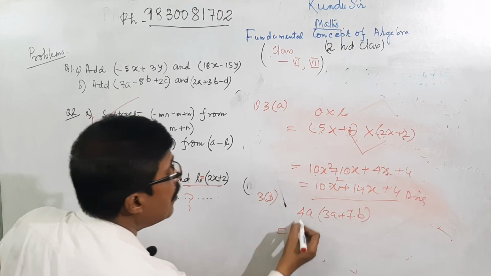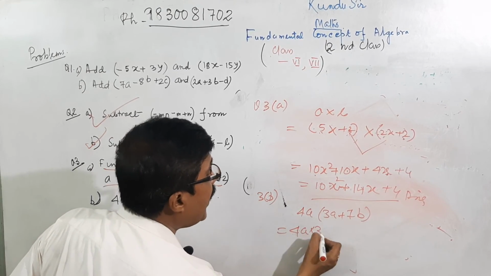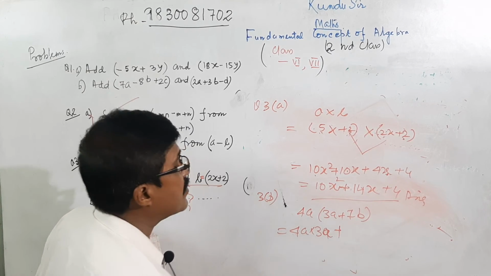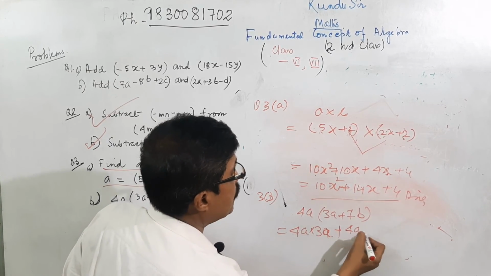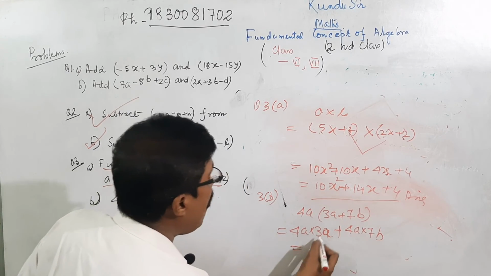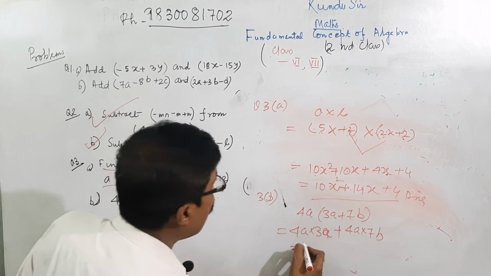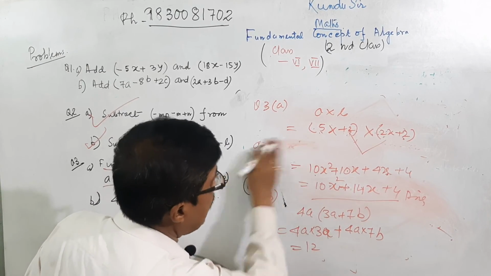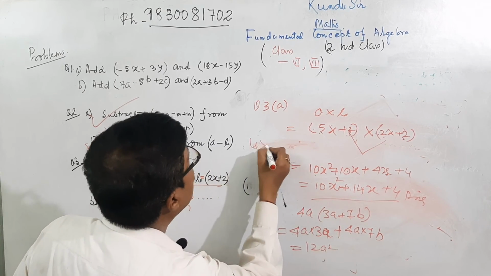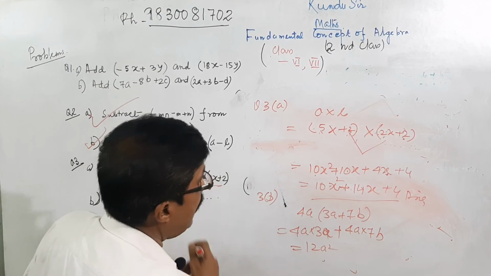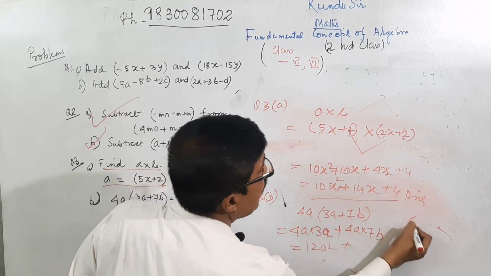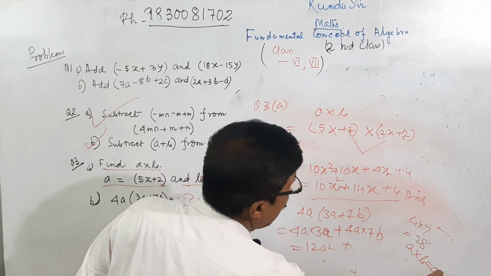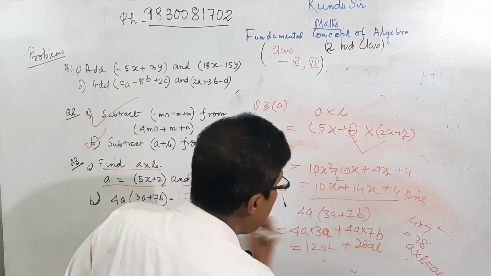Now we can write 4a into 3a plus 4a into 7b. Now 4 into 3 equals 12, a into a equals a square. Now 4 into 7 equals 28, a into b equals ab, so 28ab.